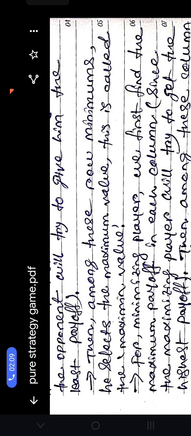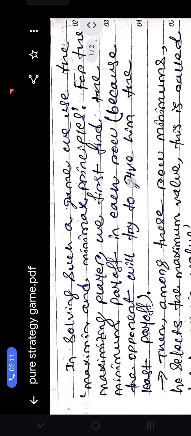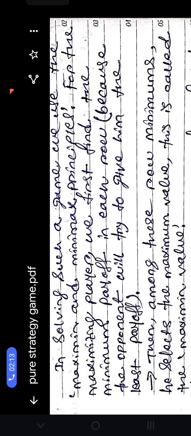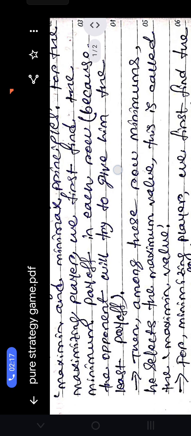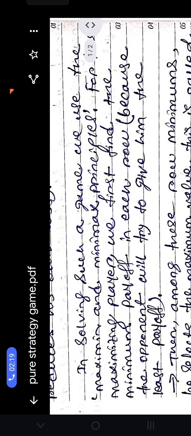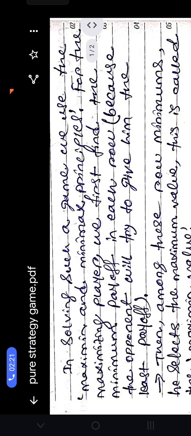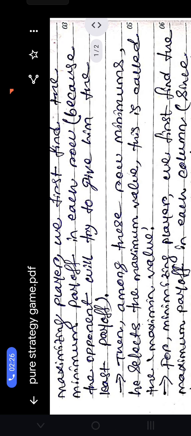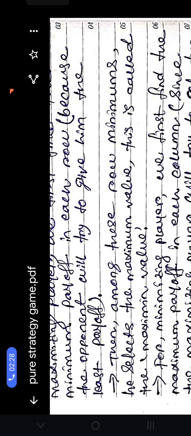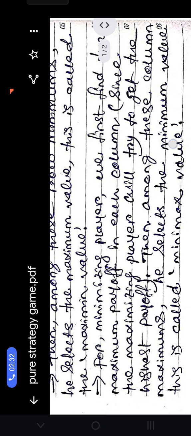This is called the maximin value. So for the maximizing player, to find out the best strategy, we take the minimum payoff in each row and then take the maximum value from that set of minimums.